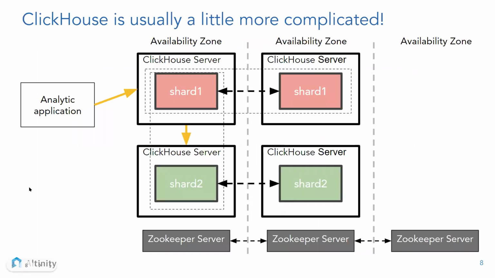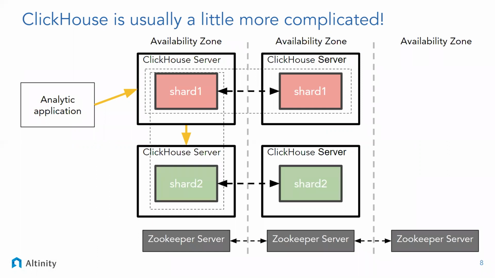Now, that's pretty simple, but the thing is that when we actually run ClickHouse clusters, they are quite a bit more complicated than just a single process that's accessing storage. This is a typical example, and not even a very complicated one, of a ClickHouse installation where we have two shards. That is to say disjoint subsets of data.